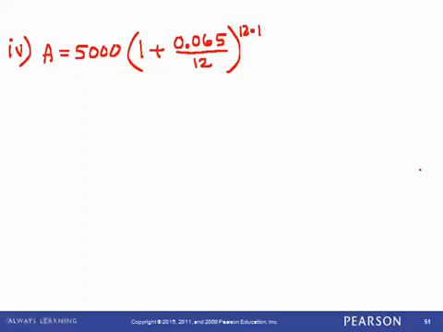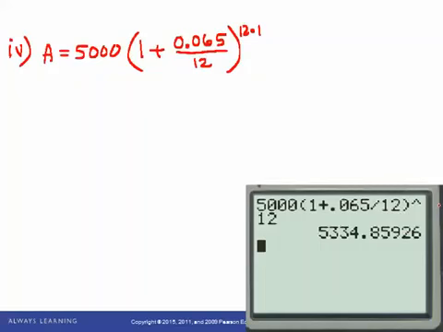And again, if you stick it in there for 3 years, you're going to put 12 times 3. 20 years, 12 times 20. And it makes no sense to calculate this by hand anymore. So what you're going to do is just put it in the calculator like this: 5,000 in parentheses, 1 plus 0.065 divided by 12, and then take that to the 12th power.